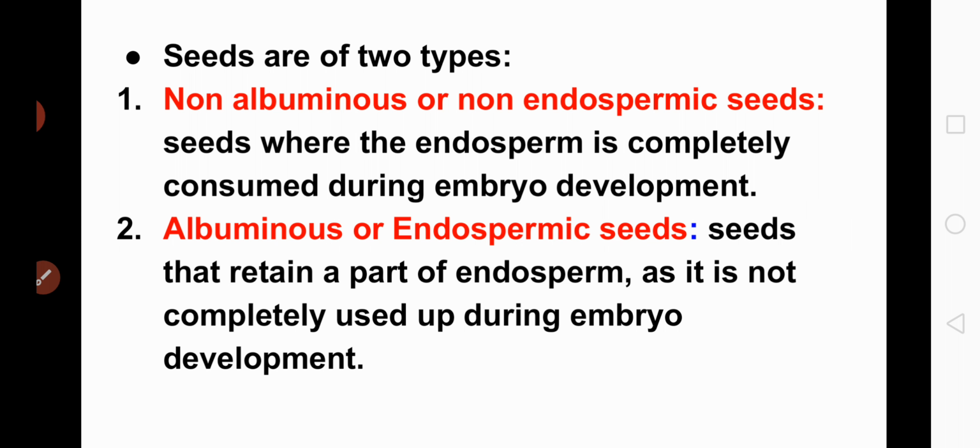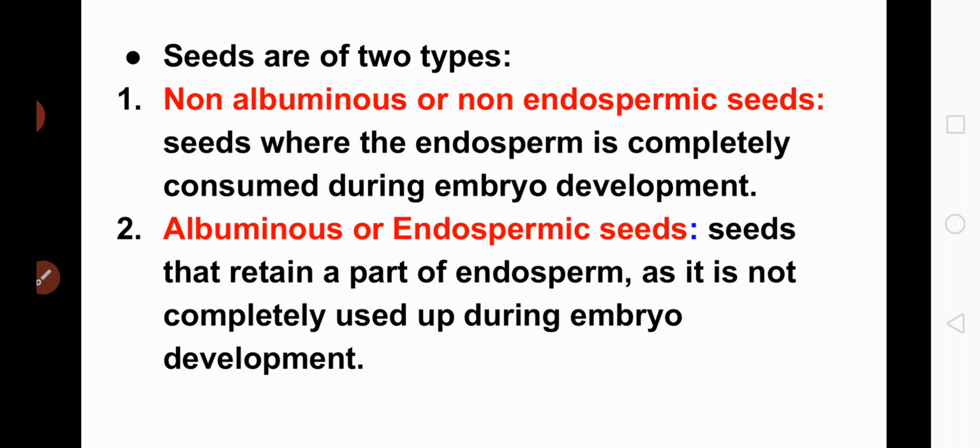So non-albuminous or non-endospermic seeds do not contain endosperm tissue, whereas endospermic seeds contain a small portion of the endosperm as it is not completely utilized by the developing embryo. Understood?